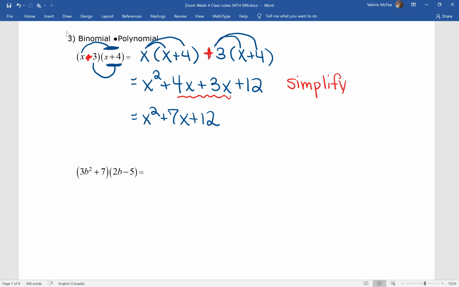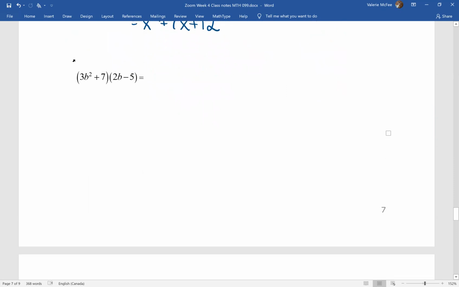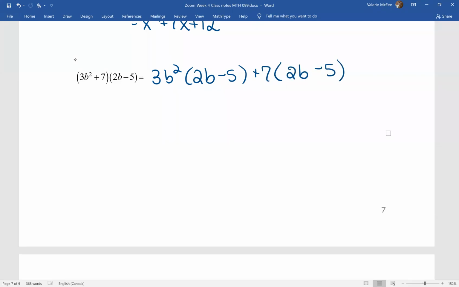Try writing the first step in the next multiplication question. 3b squared times the second bracket plus 7 times the second bracket. Did you get there?